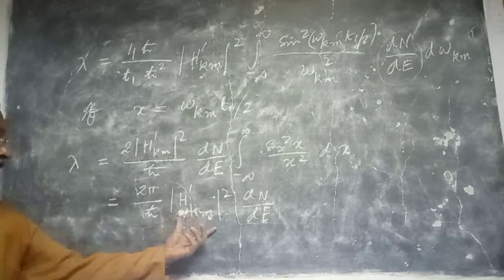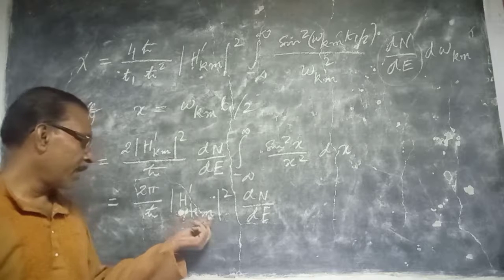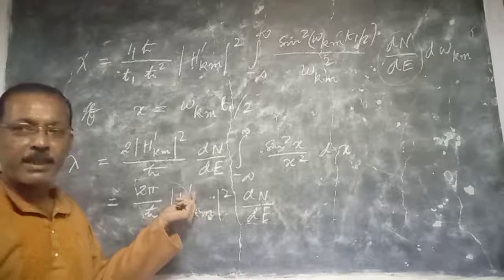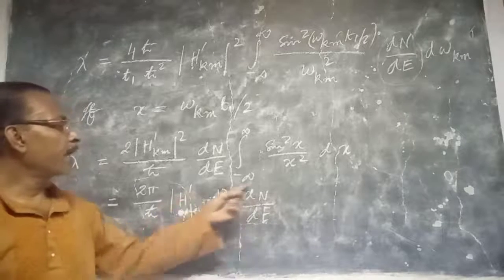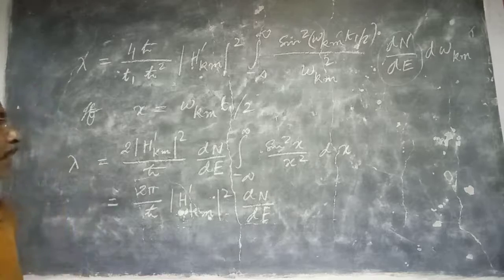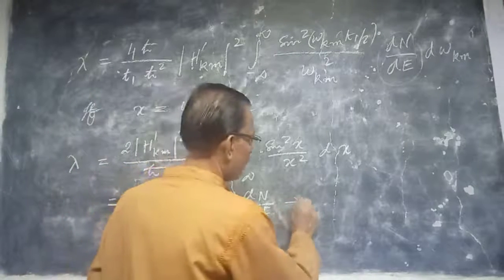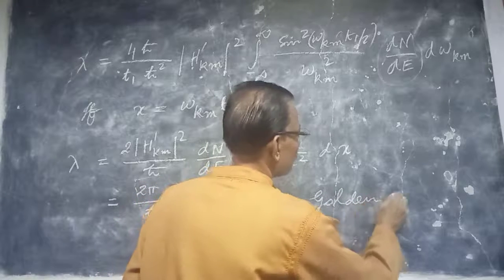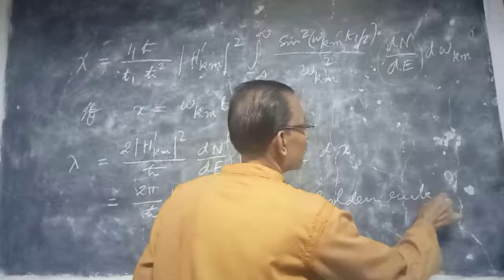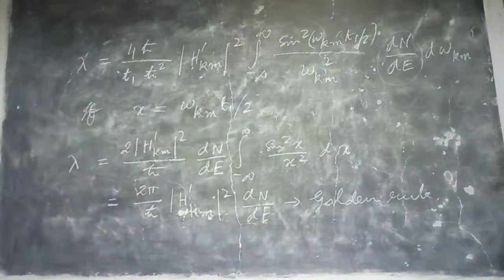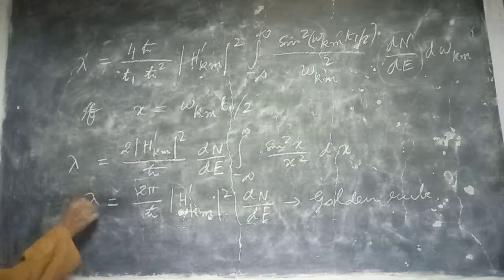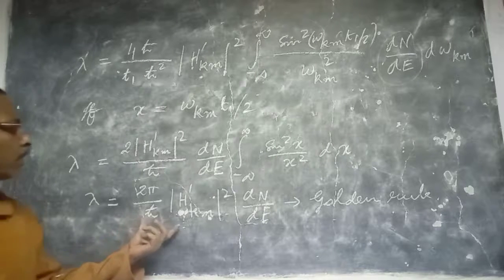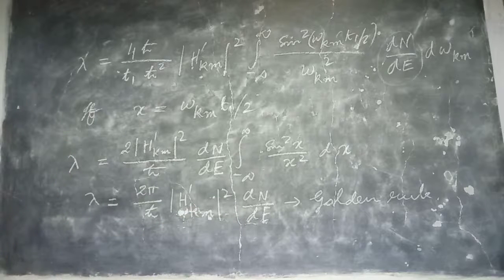You have to calculate this matrix element between the initial and the final state, with the perturbing potential, and this is the accessible number density of the final states. It is called the Fermi Golden Rule. So this gives you the transition probability, the rate of transition from an initial unperturbed nucleus to a final state.